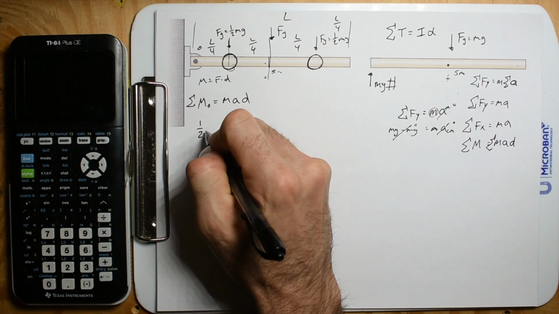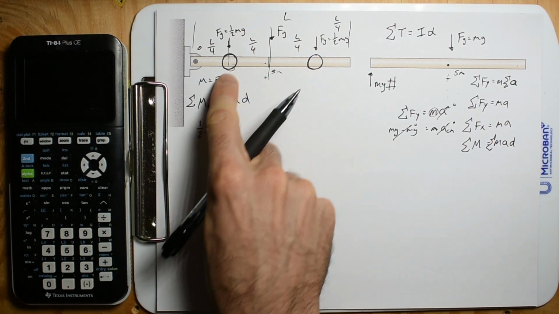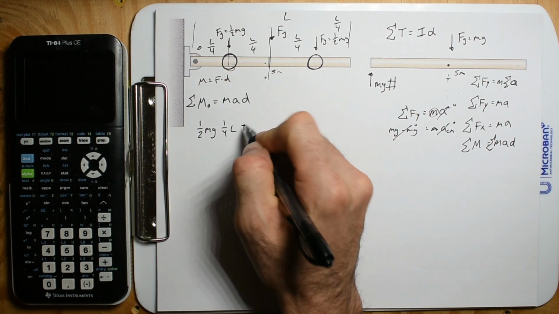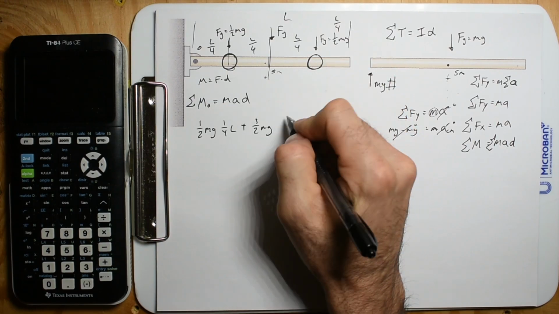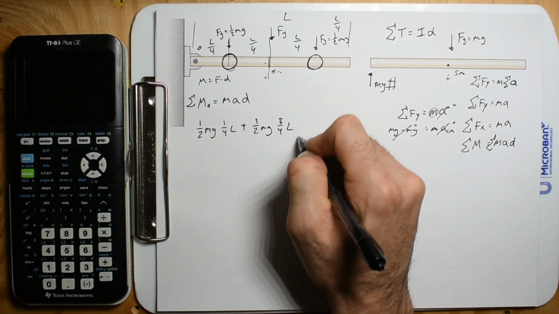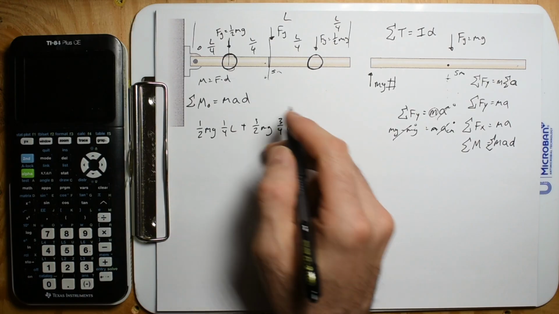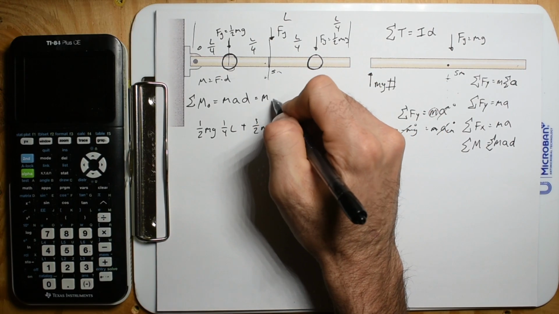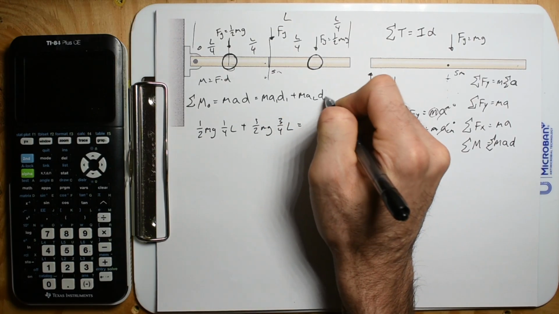We're going to have 1/2 mg, that's going to be the force on that, and its distance from the moment is going to be 1/4 L. Now we're going to add it to this one. That's going to be 1/2 mg, and the distance is going to be 3/4 L. All right, now we're going to have to add it to this, but we're going to have to do a summation. So this, just in general, is going to be ma1 times d1 plus ma2 times d2.